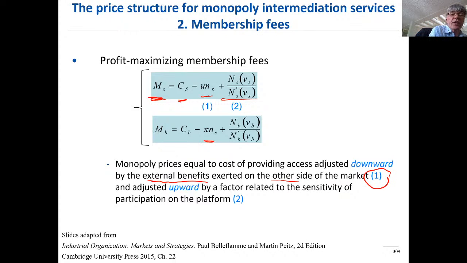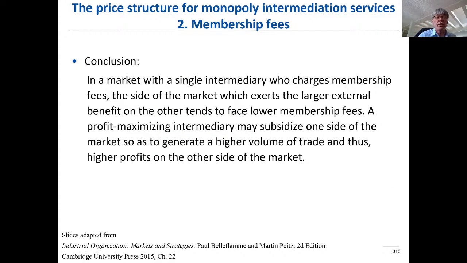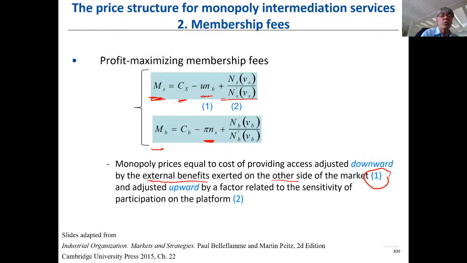And analogously, if you're a buyer, you get a discount because you produce utility on the other side. Remember that n prime of v is of course positive, because if the number of people on the platform increases, if the value of the surplus increases, this provides you with the upward part. And I think on the next but one slide, you will see how we relate that to the demand elasticity.